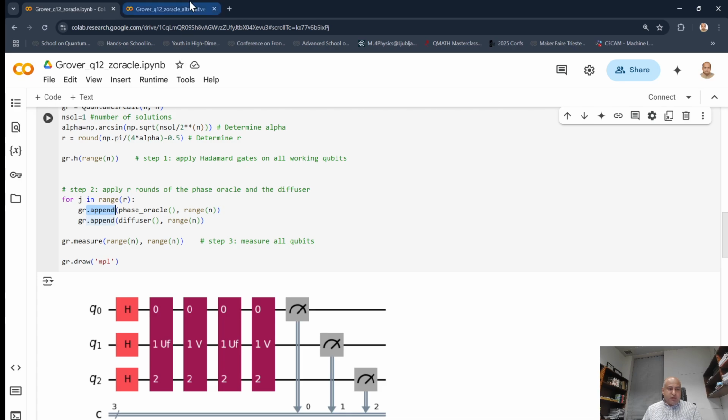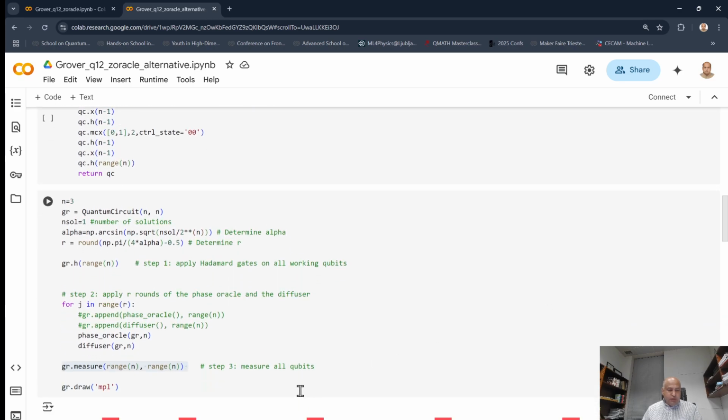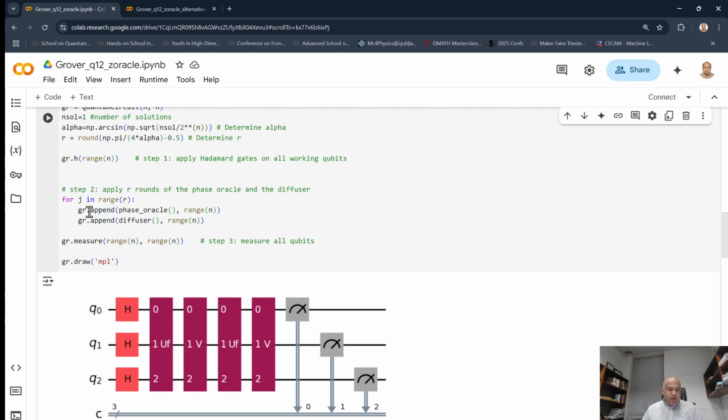So instead of using the way that we used here, where I just call the phase oracle function as it is, and we see the internals of the circuit, if you use the dot append command and append the phase oracle here, and then give the range of the qubits where you want to append the circuit, we can get a very nice repetitive pattern of circuit, which is a little bit easier to understand.